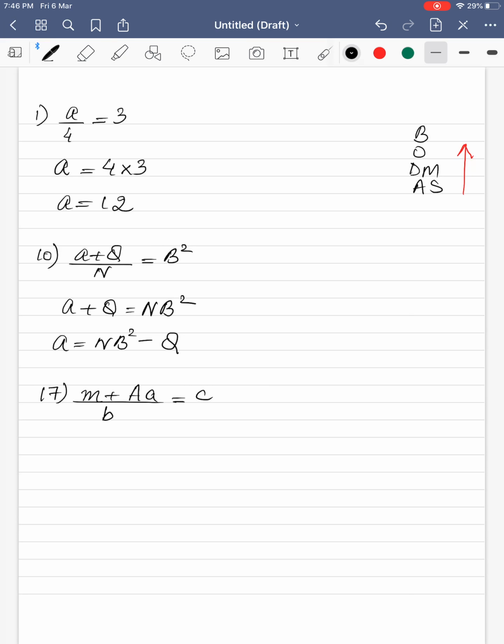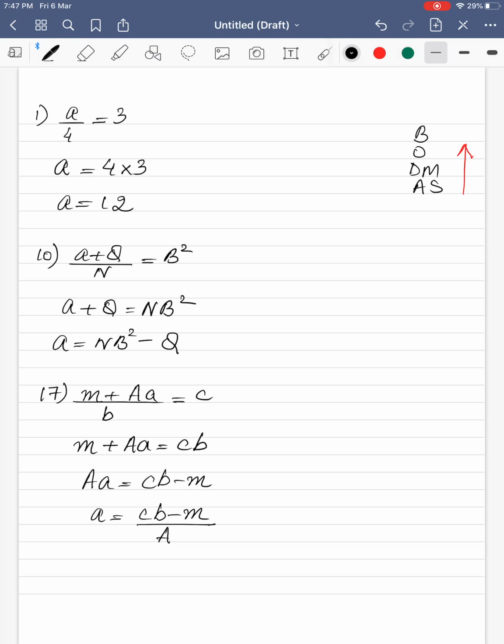So what we will do here is we'll take the b on the other side, and next we will take the m on the other side, minus m, and lastly the a. So we are left with a is equal to cb minus m, divided by a.